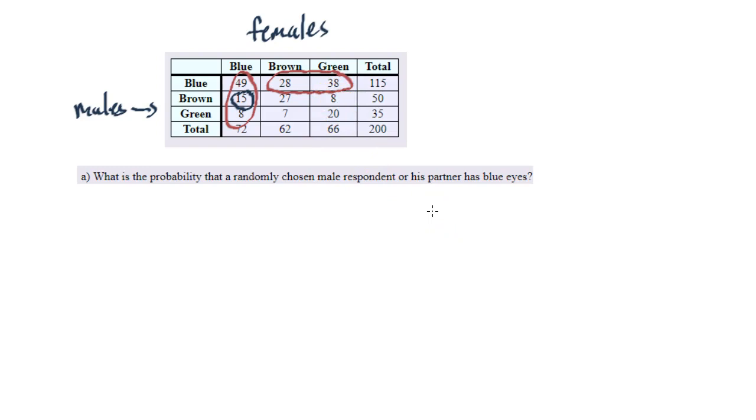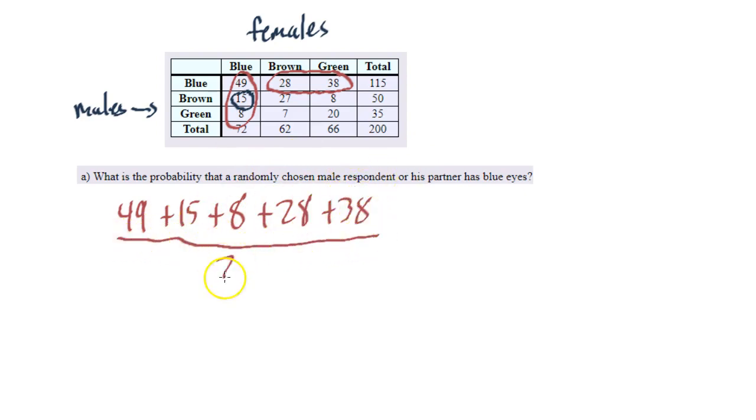So remember it's a total of 200, we just need to take the 49, going down the column first, plus 15, plus 8, plus 28, plus 38, over 200.